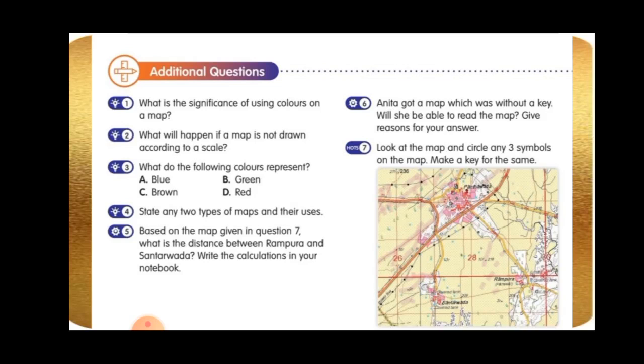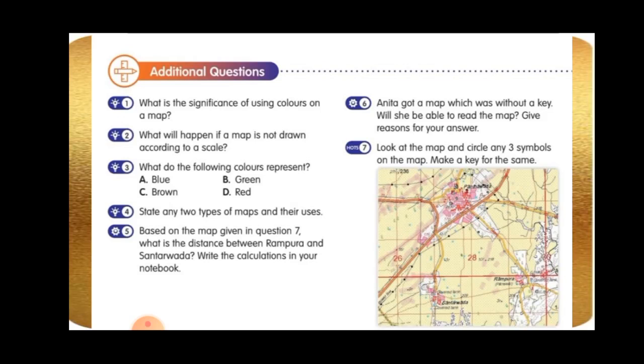To measure the distance, put the divider on the 2 points from Rampura to Santarwada and mark 2 points on the strip of paper and align the strip along the edge of the graphic scale. Then you will find the measurement of the distance between Rampura and Santarwada. Then do the calculations in your notebook and use the scale 1 centimeter is equal to 2 kilometer. Understood?